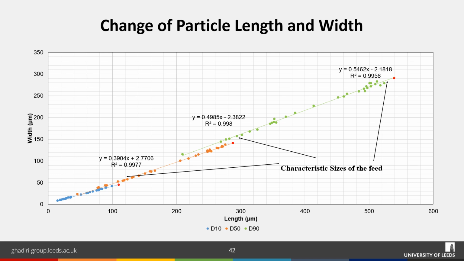The breakage could also be due to cleaving of the crystal along the crystallographic planes of weakness, which are parallel to their largest dimension. And as a result of these two mechanisms, the change of aspect ratio is not as significant as we expected.